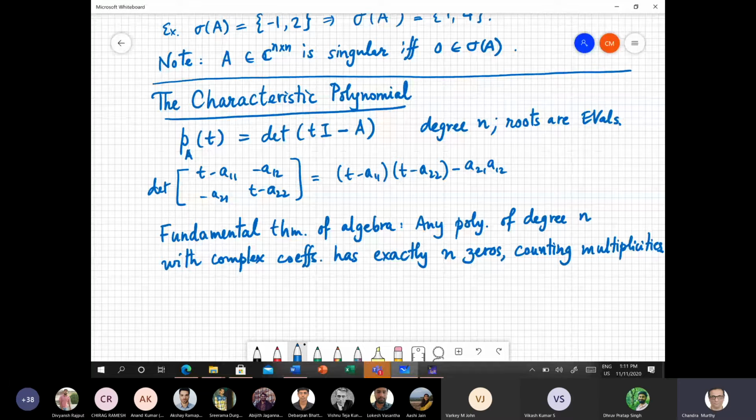Now, suppose we let lambda 1 through lambda n be the n eigenvalues of A, counting multiplicities, where repeated eigenvalues are okay, they're just counted as lambda 1, lambda 2, up to lambda n.